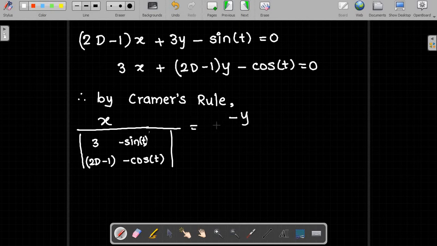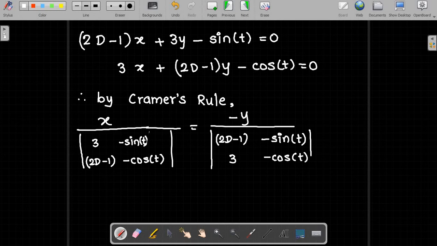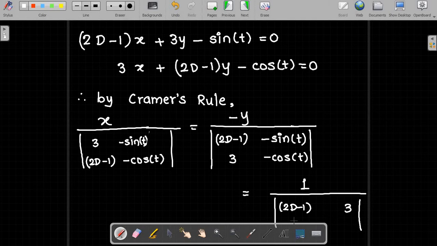equal to minus y upon the determinant of coefficients of x, that is 2D minus 1 and 3, and constant terms minus sin t and minus cos t, equal to 1, the constant term is represented by 1, upon the determinant of coefficients of x and y, that is 2D minus 1, 3, here 3 and 2D minus 1.